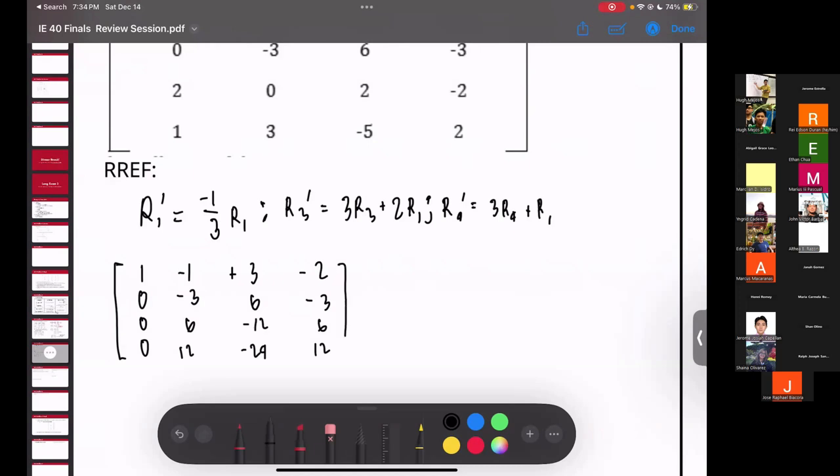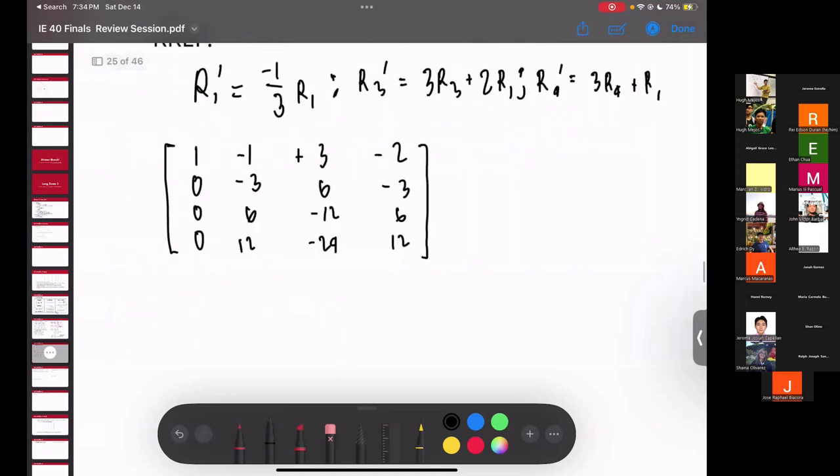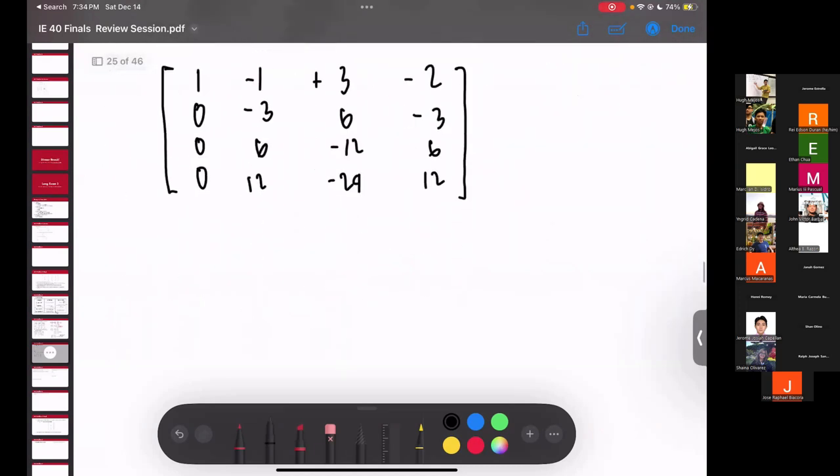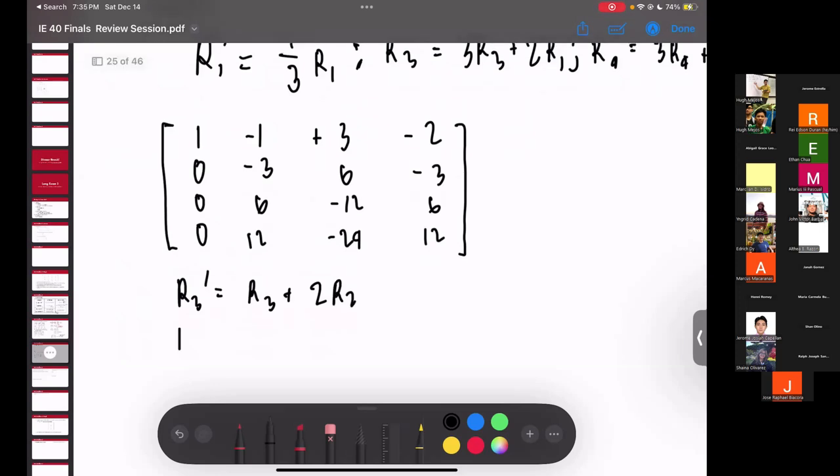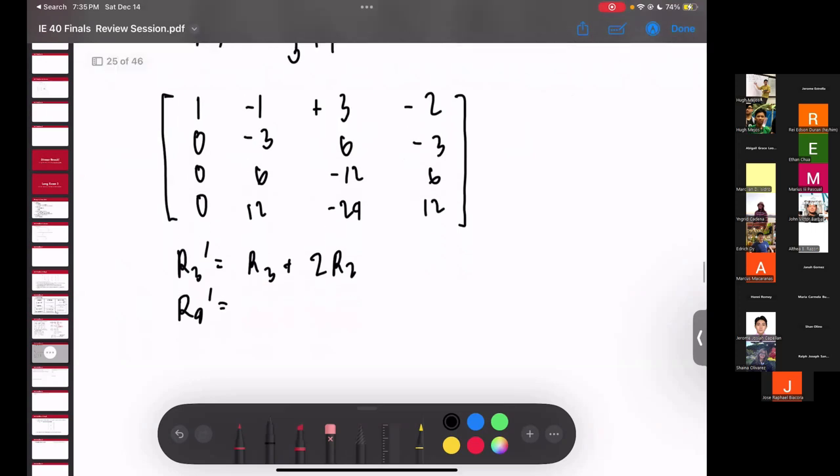It looks a bit intimidating and messy now, pero it'll clean itself up once we do R3 prime is equal to R3 plus 2R2. Kasi if you look, they're just multiples of each other, yung row 2, 3, and 4. So that gives us a very easy way to just cancel them all out. R4 prime is equal to R4 plus 4R2.